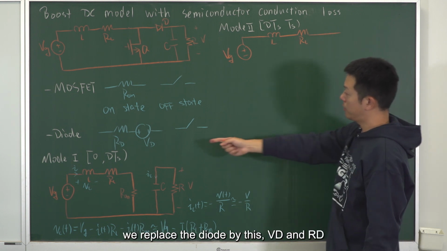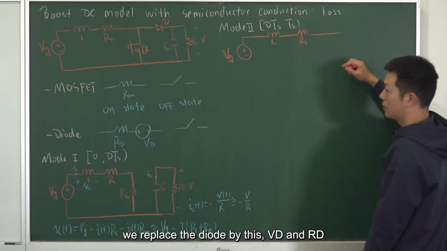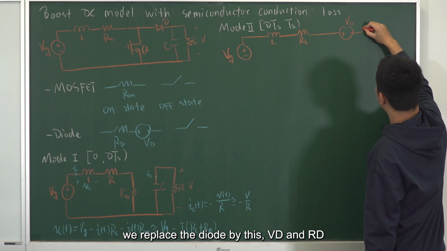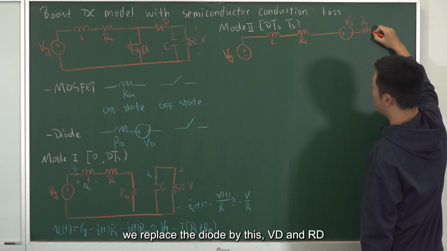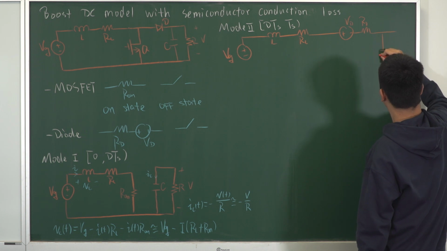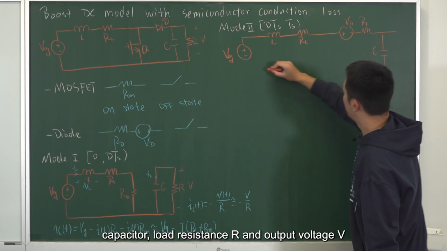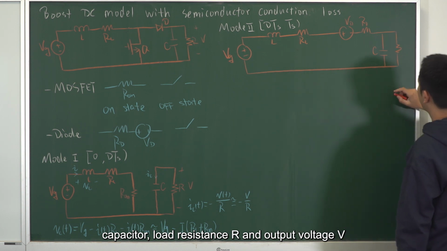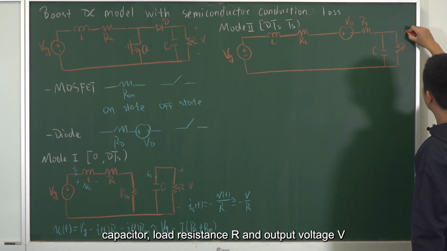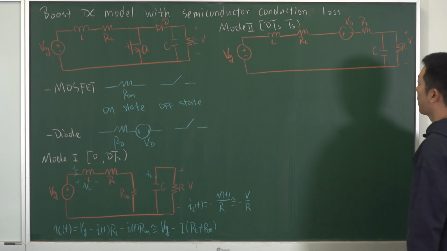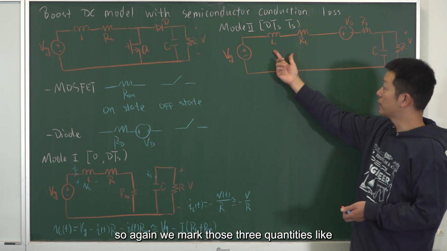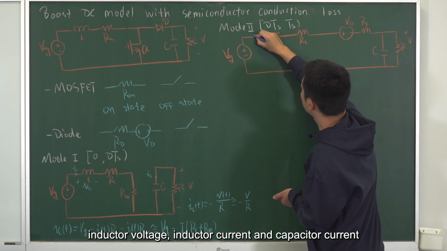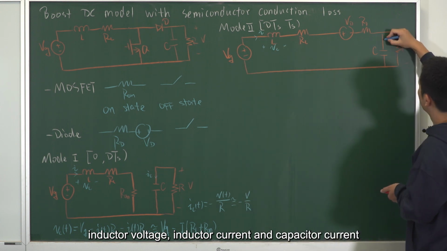The diode is conducting, so we replace the diode by this VD and RD. Then the capacitor, load resistance R, and output port voltage V. Again, we mark those three quantities: inductor voltage, inductor current, and capacitor current.